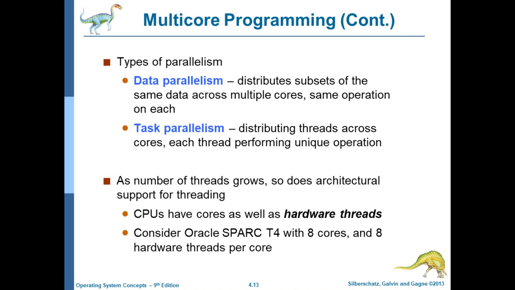Task parallelism, on the other hand, is a technique that distributes threads across cores and each thread performs a unique operation. For example, if we want to sort an array of numbers, we can use a divide and conquer algorithm that splits the array into smaller subarrays, sorts them recursively, and then merges them.